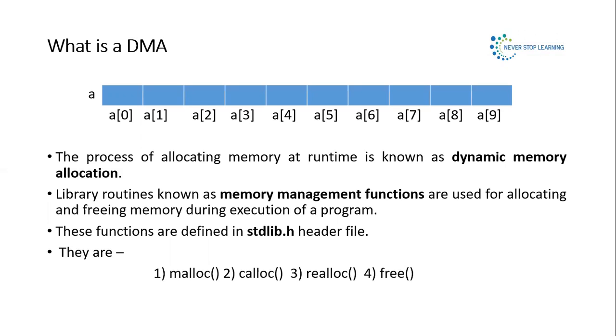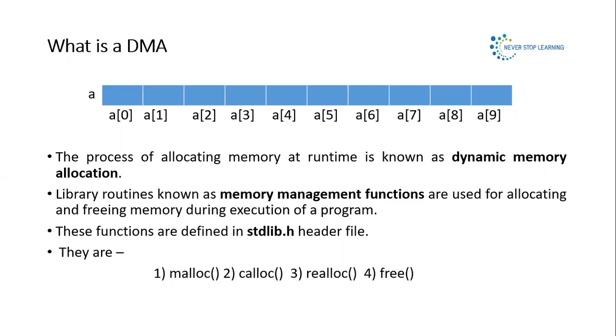If it is happening before, that means it is happening at compile time. And when allocation happens at compile time, it is known as static memory allocation. And when we allocate the memory at runtime, it is known as dynamic memory allocation. And this eventually allocates memory for the variable declared by the programmer.